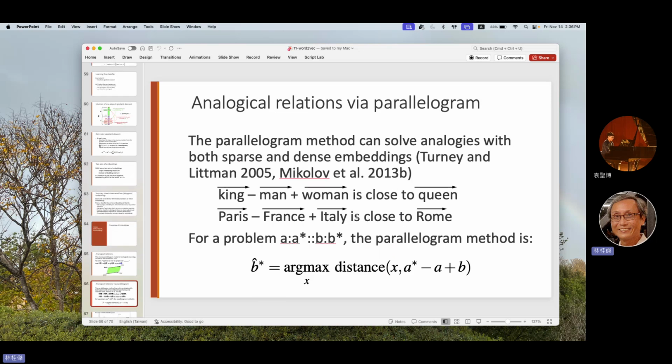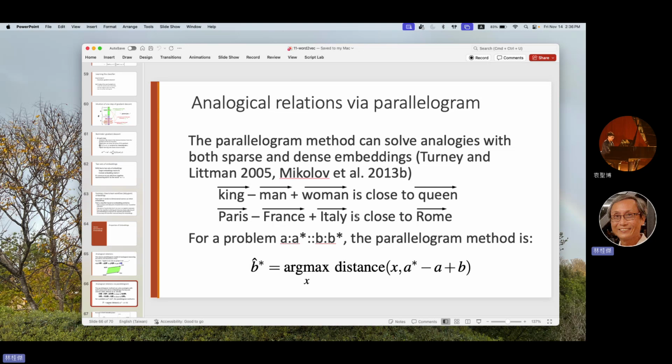People have done some study and found that if you take the vector from king to man and apply it to woman, then you will find that it is going to be close to queen. So the relationship between king and man, and queen and woman, are actually in parallel.